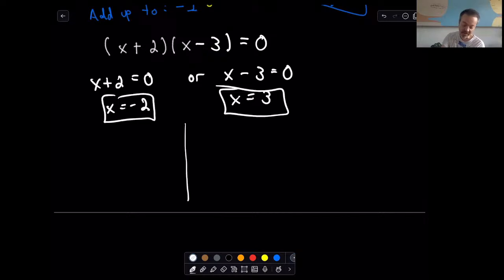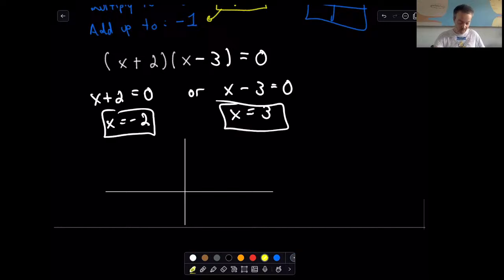And recall that finding solutions is also important if you go to graph it. By taking any expression and setting it equal to 0, if you graph that, these correspond to x-intercepts. So taking an equation and setting it equal to 0 is equivalent to finding x-intercepts.